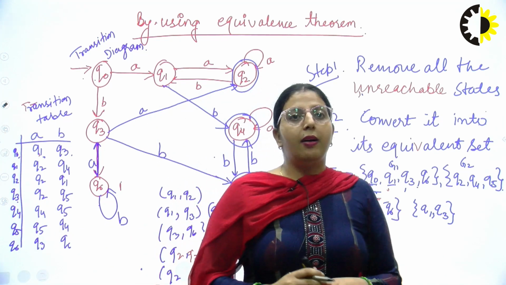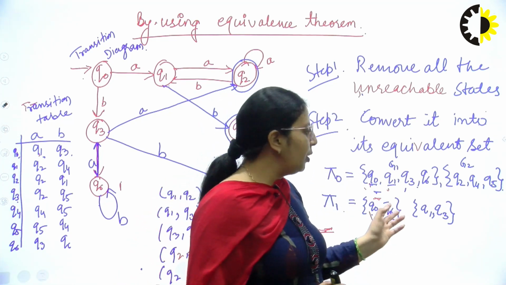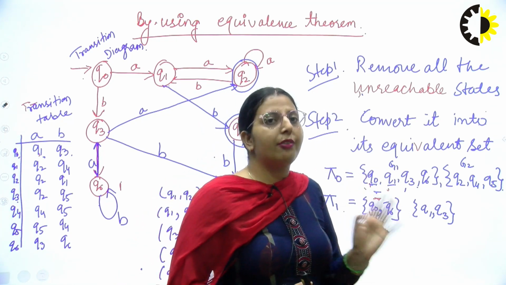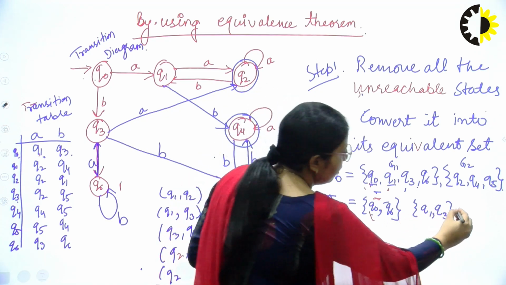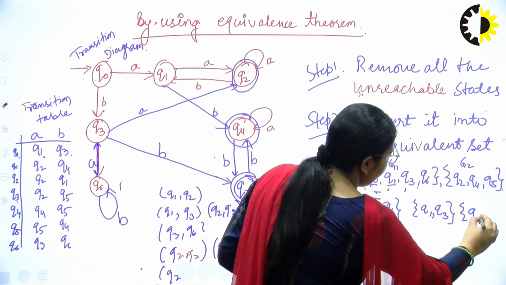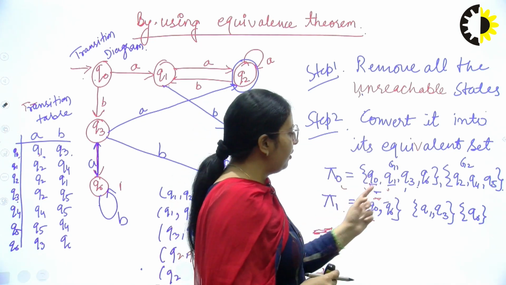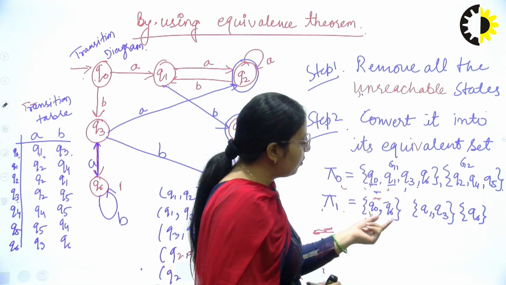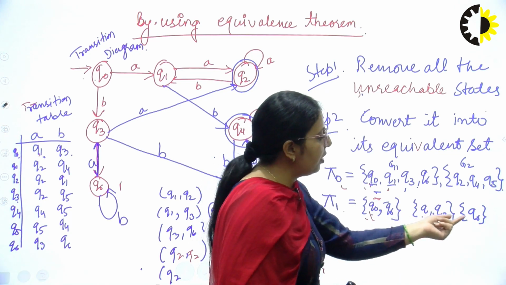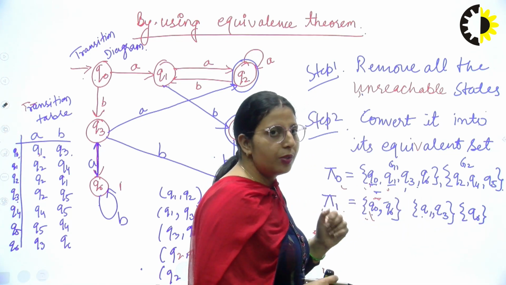We cannot make them one state because they are in different sets. So Q6 remains individual. After partition G1, we get phi 1 as Q0, Q6, Q1, Q3 and Q6 as individual states.